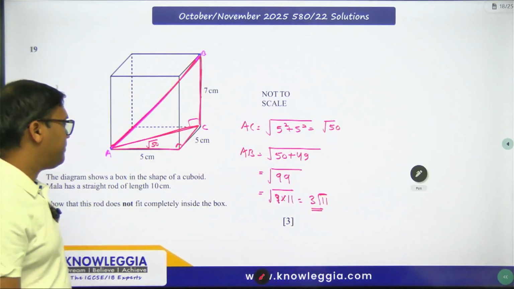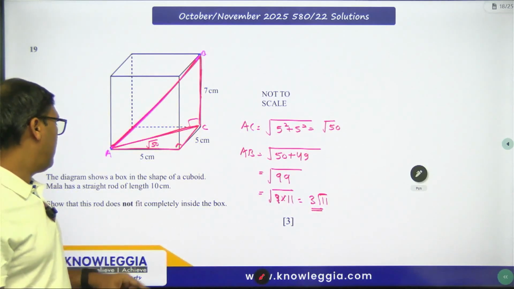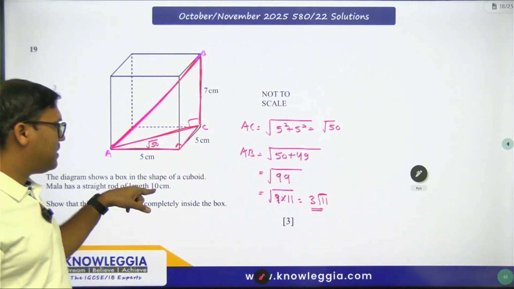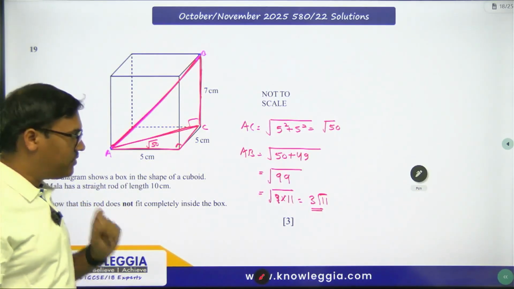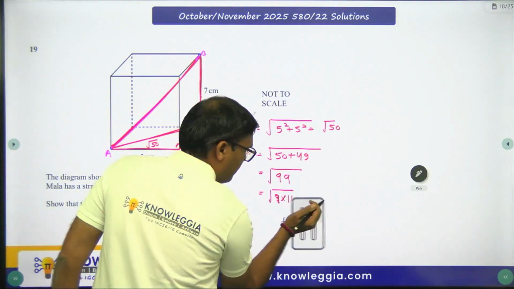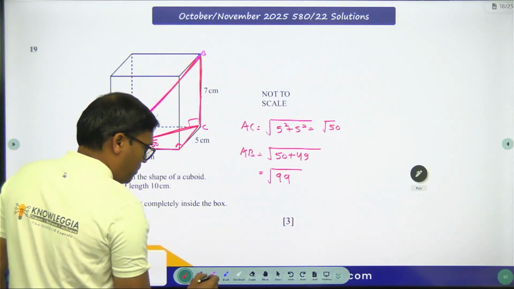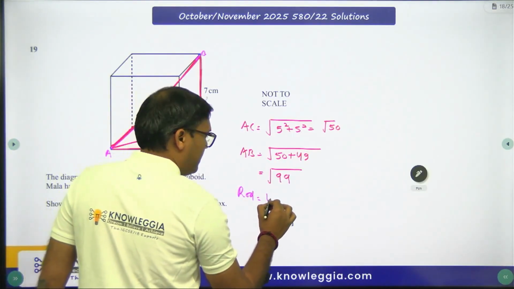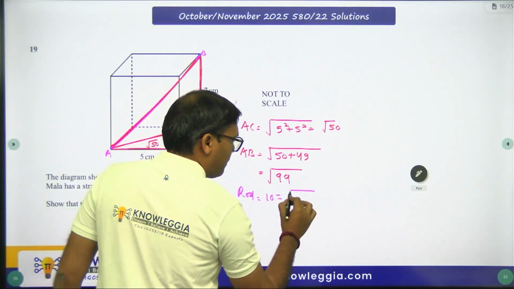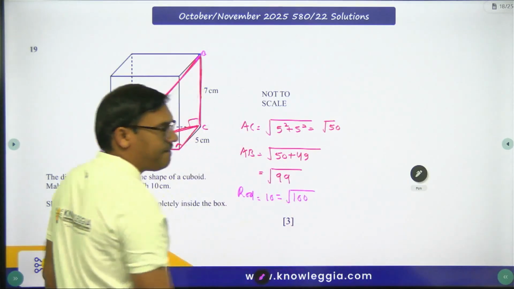Now just observe this. What is this? 100. The length of the straight rod is 10 centimeter. Now you see, even if you use this, you can see what is the length of rod. The length of rod is 10 centimeter, which is effectively root 100. Correct?